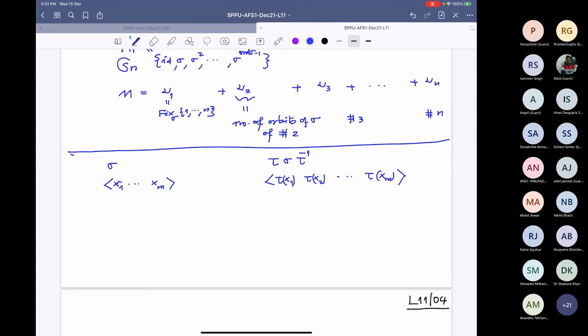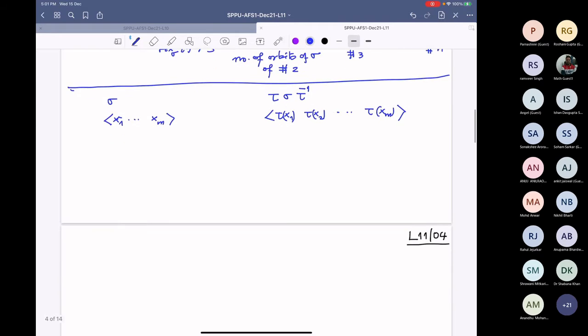If this is one cycle appearing in the cycle decomposition, then the corresponding cycle which appears is this. This tau will permute the elements in the cycle. That is what I want to observe.